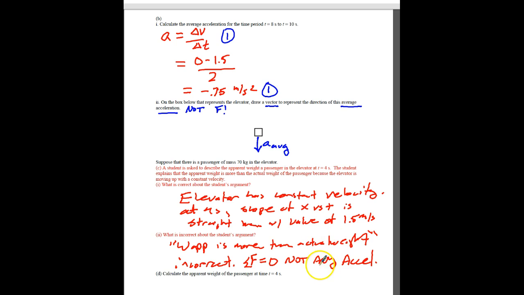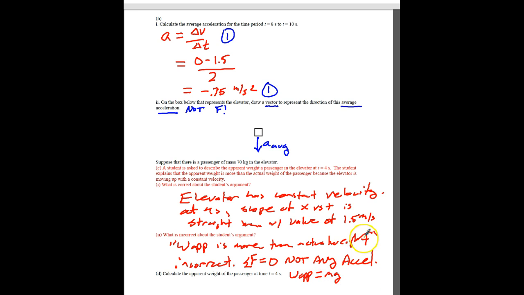Since our velocity is constant, there's not any acceleration. There can't be any net force. If there's no net force, then the apparent weight cannot be more than the actual weight. The apparent weight should be equal to the actual weight, which is mg.